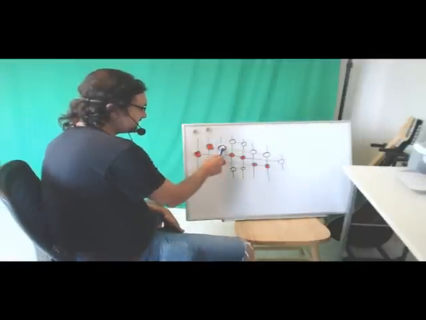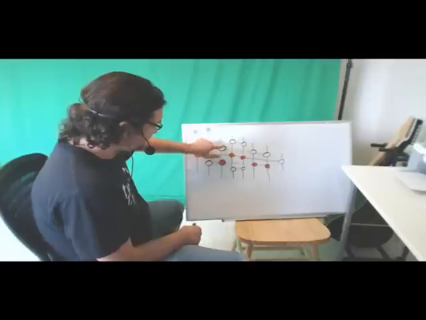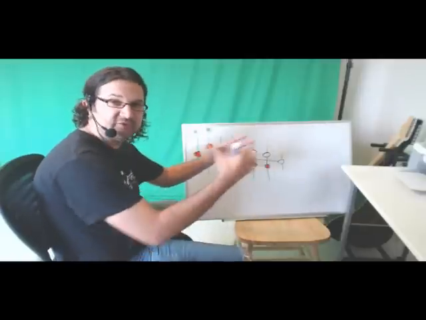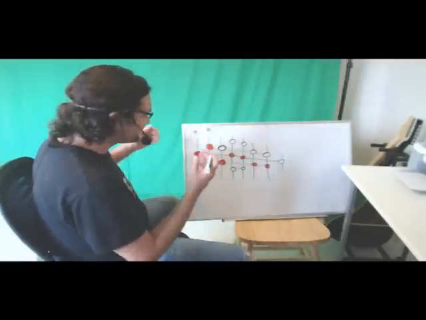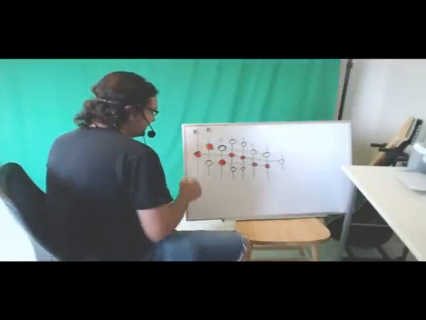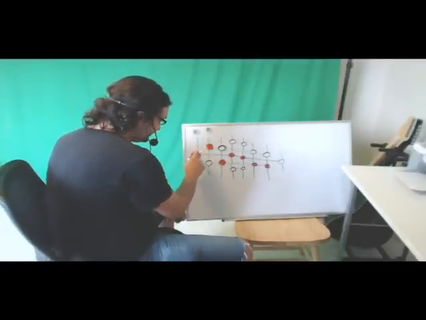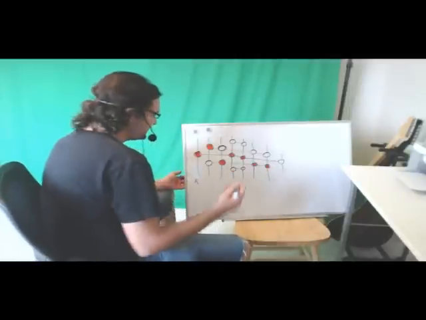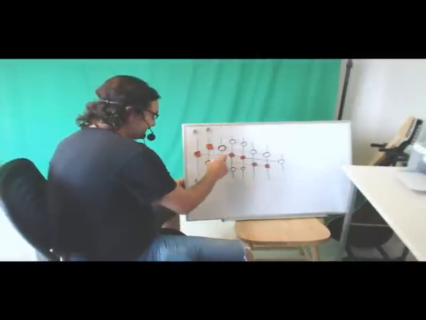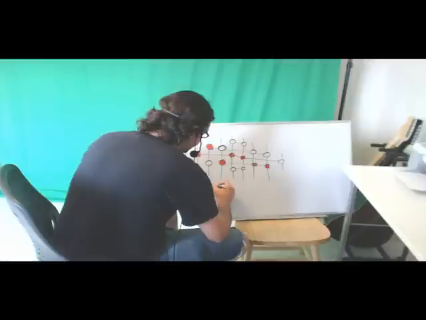Can I pick this? No, because this is not included in the scale. Chords are extracted from scales. And I'm going somewhere with this. But for example, we could pick this note right here, which is a root. We could pick this one, which is a minor third.